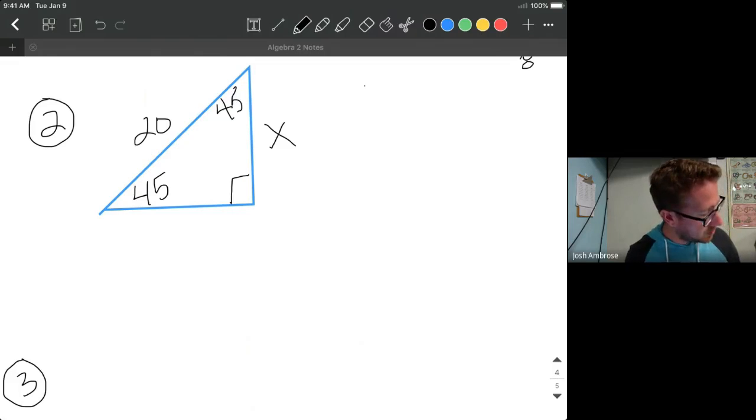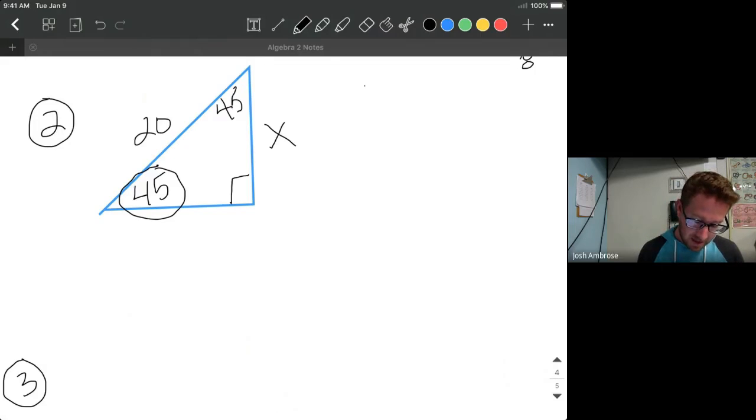If you look at your chart, the 45, 45, 90 chart, it's going to give you what the sine of 45 reduces to in terms of a radical, and the cosine and the tangent. So if we want to figure out how to get x in this case, we're going to be looking at this 45 right here.